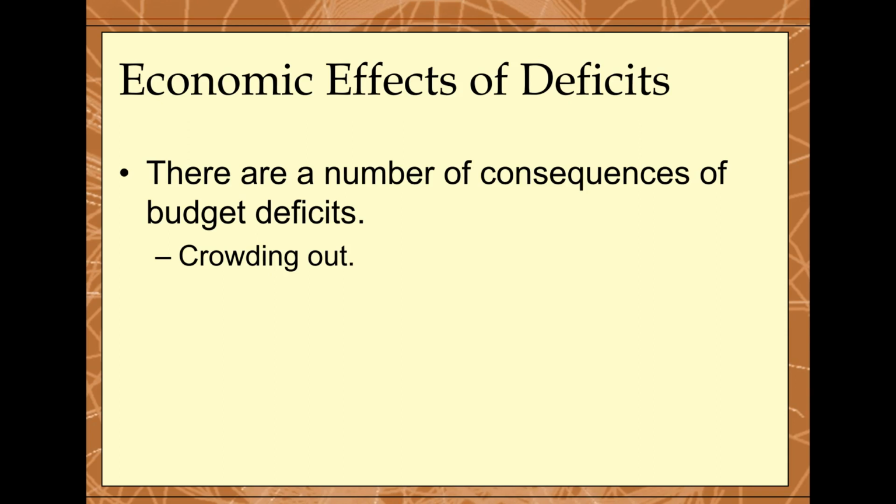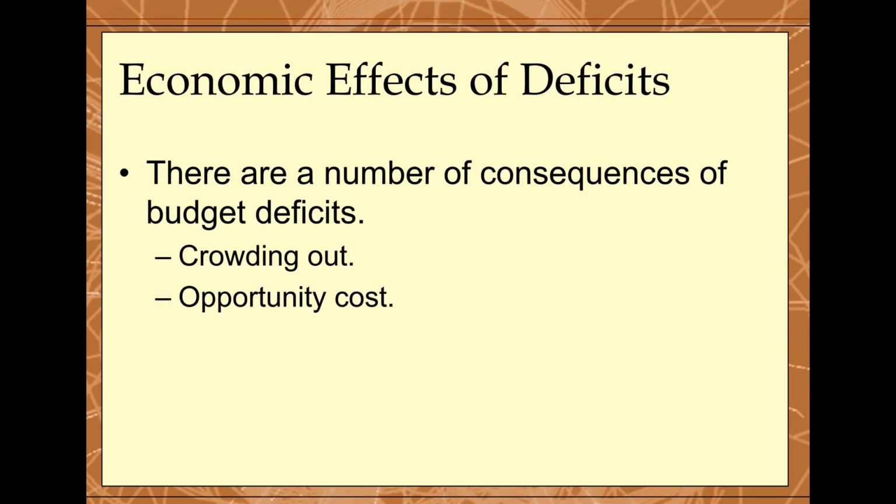So if the government needs to borrow a lot of money and it leaves less loanable funds out there for the private sector, the remaining loanable funds will be scarce, therefore the interest rates will go up. If interest rates go up, the private sector will borrow less. In other words, the public sector is crowding out the private sector.